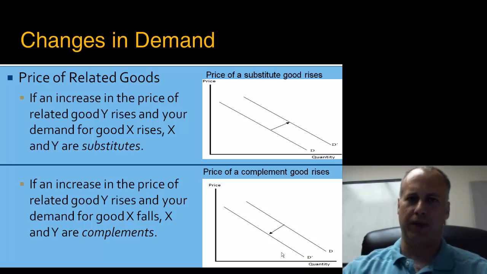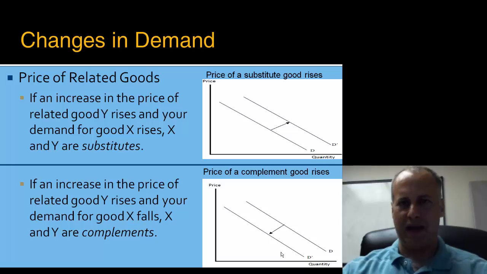We can choose between hamburgers or hot dogs. If the price of hamburgers rises, more people will switch to hot dogs, and this will lead to an increase in the demand for hot dogs, reflected by a rightward shift of the demand curve. So when the price of hamburgers goes up, the demand for hot dogs rises as people switch away or substitute toward hot dogs. Hot dogs and hamburgers, therefore, are substitutes.